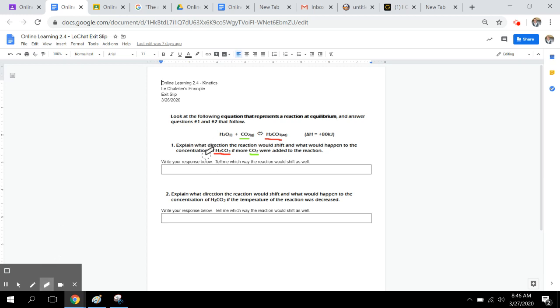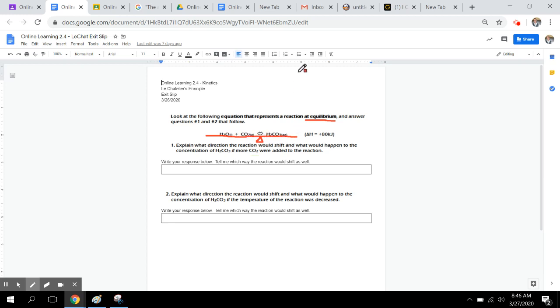So let's erase and we'll use our seesaw analogy and we'll come up with an answer. Again, it says that we are at equilibrium. So initially, here's my triangle, the middle of the seesaw. We are at equilibrium. Everything's equal, nice and level.